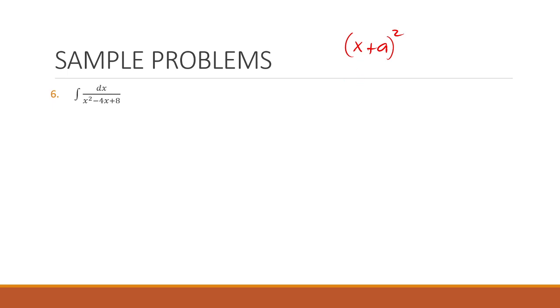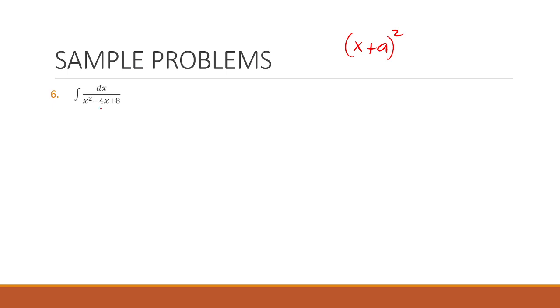Tama ba? If it's not a perfect square trinomial, tapos factorable pa rin siya, pero product of two binomials, then in this case, kumbaga dead end siya, if that's the case. No? So, baka we can apply partial fraction decomposition. Okay? However, at this point, we have yet to discuss partial fraction decomposition.